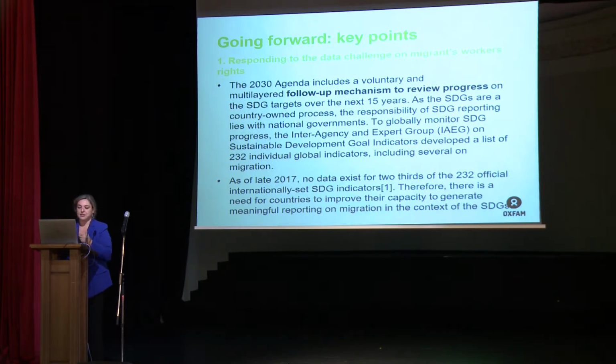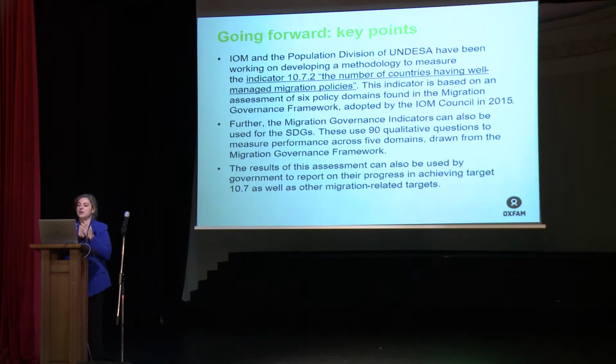There are indicators, there are targets, there are indicators developed, but it seems like countries are not willing to go a bit further and try to collect data that shows how migration is affected or not affected on the way.